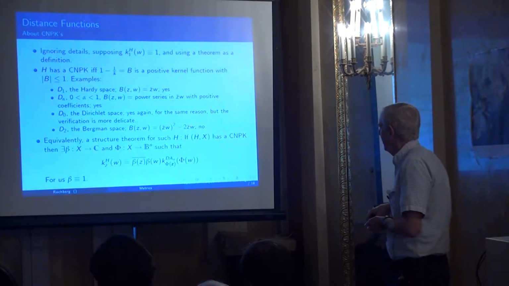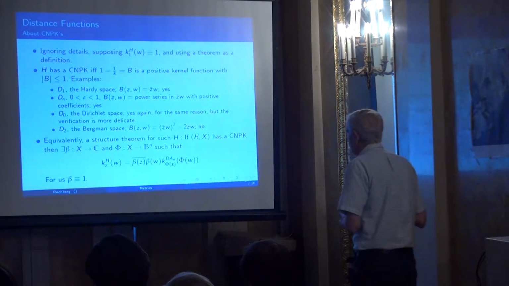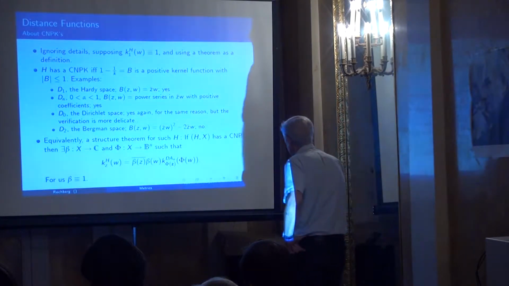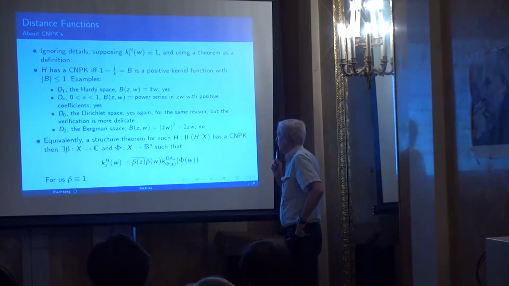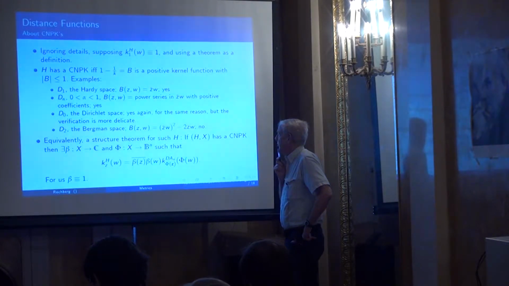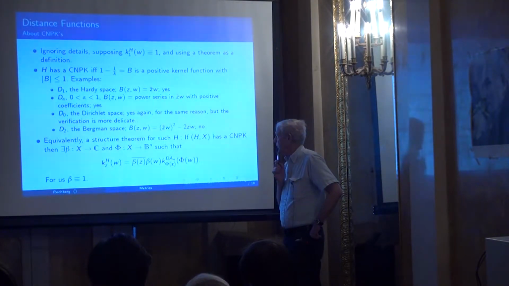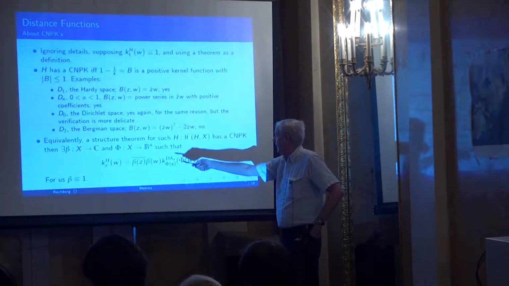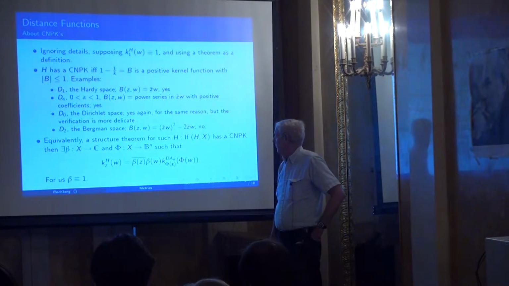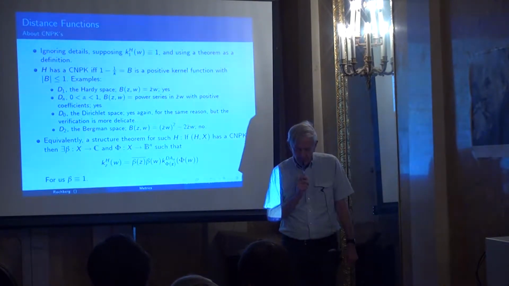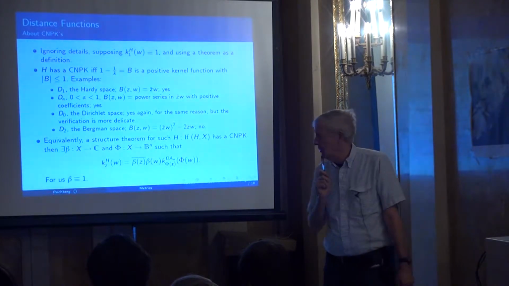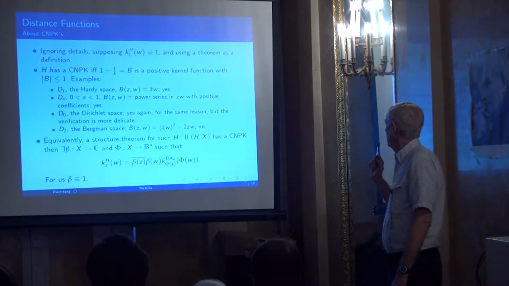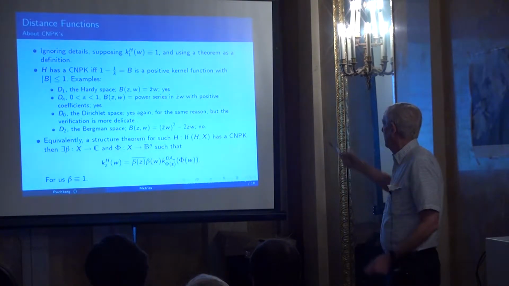And when I unpack all that, it tells me that there's a structure theorem for such Hilbert spaces with reproducing kernels, namely the space H of functions on X has such a reproducing kernel if and only if there's some scalar function which we will remove with our normalization and assume to be 1, and there's a map from X into the ball so that the kernel for the space H, the reproducing kernel for the space H, is given by the reproducing kernel for the Dirichlet-Arveson space of dimension n, evaluated at phi of z and phi of w.